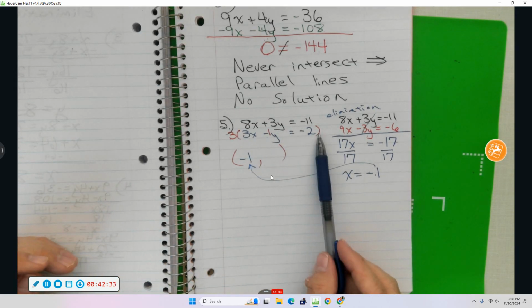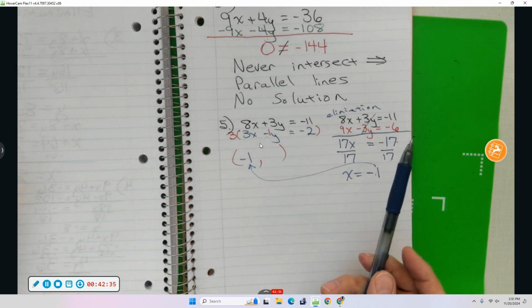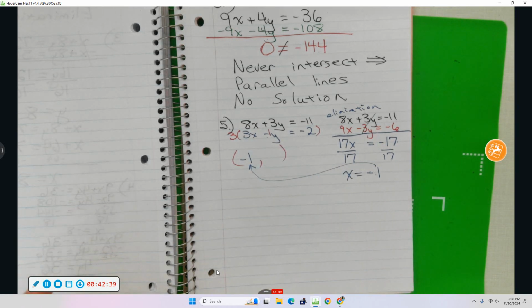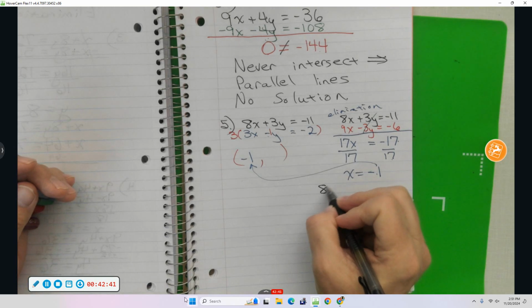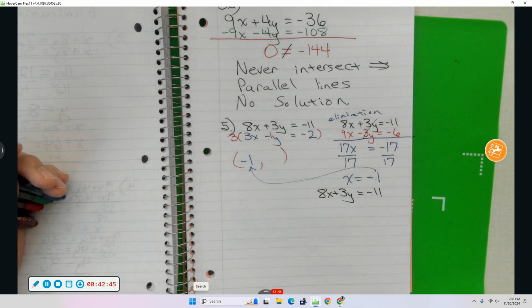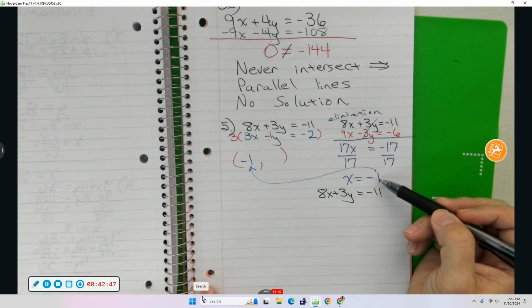This one has more minuses, but the numbers are smaller. I think I'll use the first one. I was going to say I'd use the first. 8x plus 3y equals negative 11. Let's plug in that negative 1 for x.